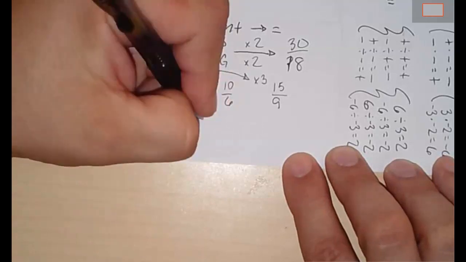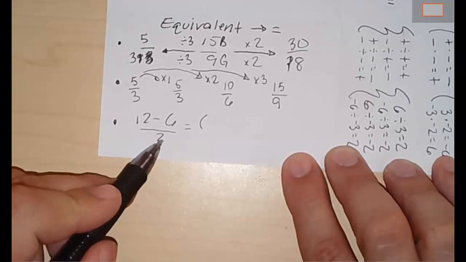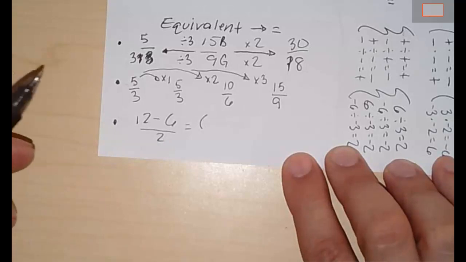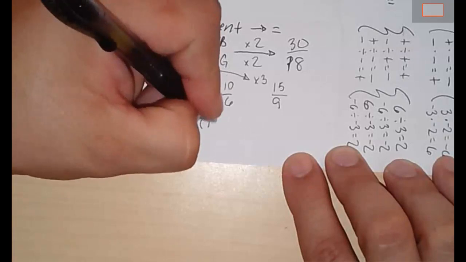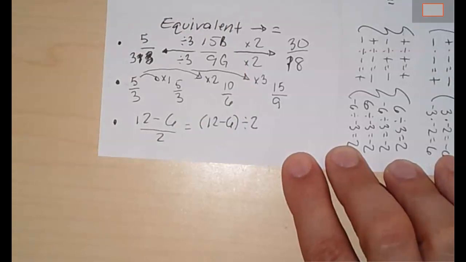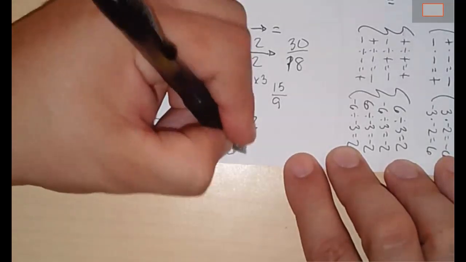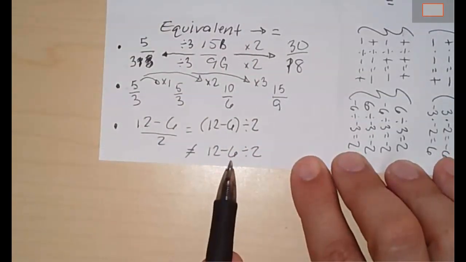Equivalent means, as long as they're the same, they're equivalent, okay? So after you do the math, if they equal each other, they're equivalent, okay? So technically, you would do the top first, and then divide, okay? So that's correct. An incorrect option would be, okay, that is not equal, would be 12 minus 6 divided by 2. Okay?